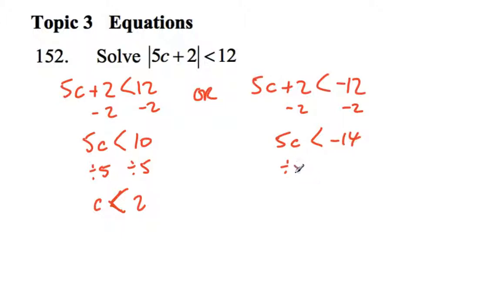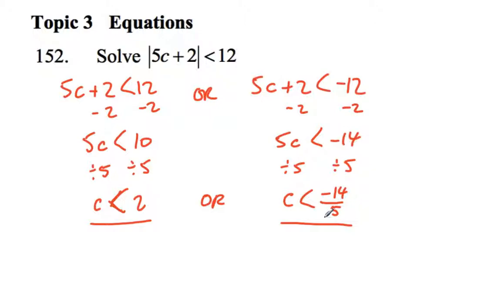Then we'll divide by 5, a lot of solving here. c is less than, we could just write that as minus 14 over 5, because you can set it up as a fraction with the bottom dividing into the top there. And we'll make sure we put an "or" in between, because they're both equally valid answers. So that's pretty interesting.